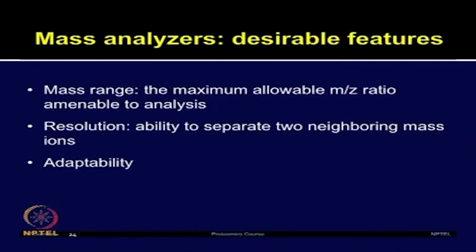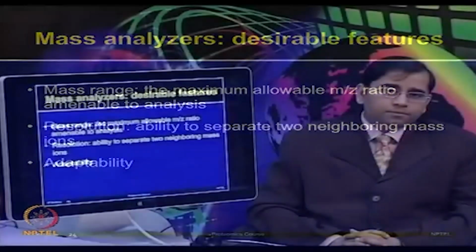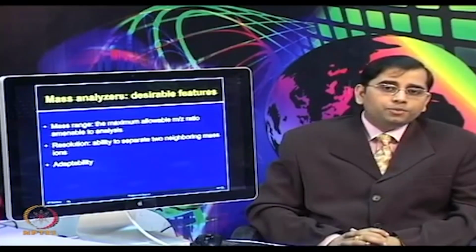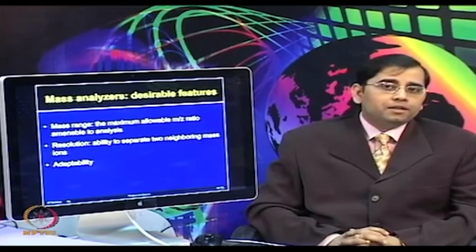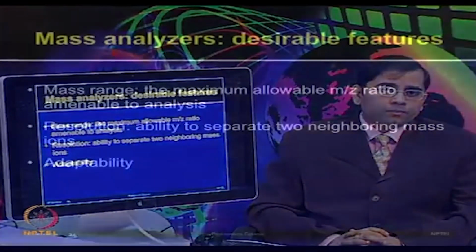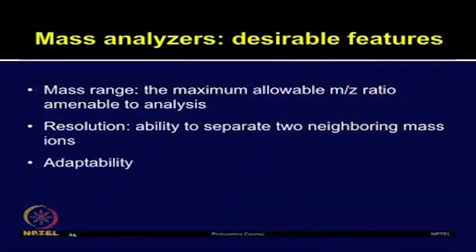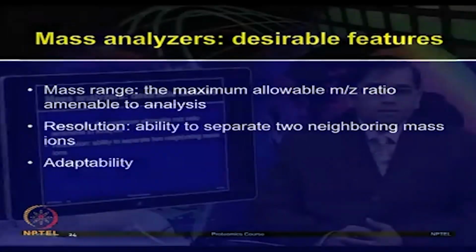Mass range, which is the maximum allowable m/z ratio amenable to the analysis. So, if you have a higher value, that will be useful for analysis of high mass compounds. Resolution, or the ability to separate two neighboring mass ions.